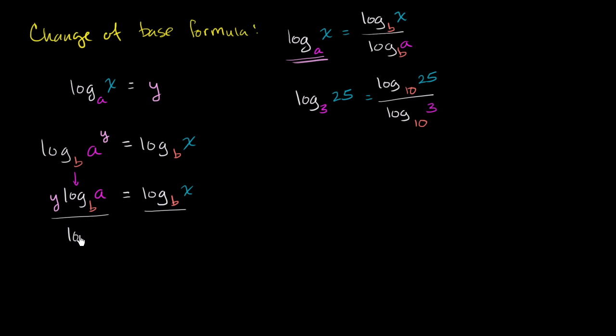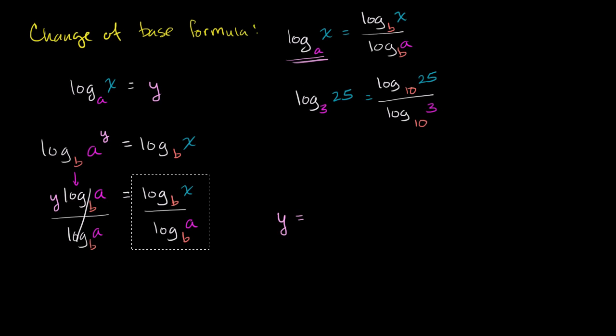So we divide by log base b of a on the left-hand side, and we divide by log base b of a on the right-hand side. On the left-hand side, these two cancel out, and we are left with, we deserve a drum roll now, that y is equal to log base b of x divided by log base b of a.